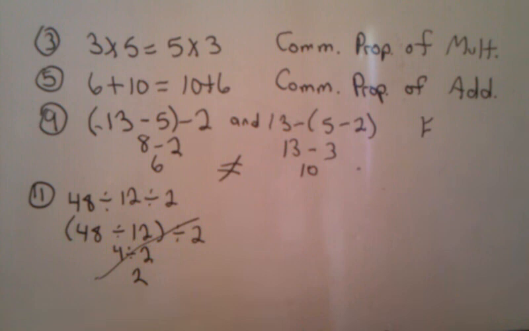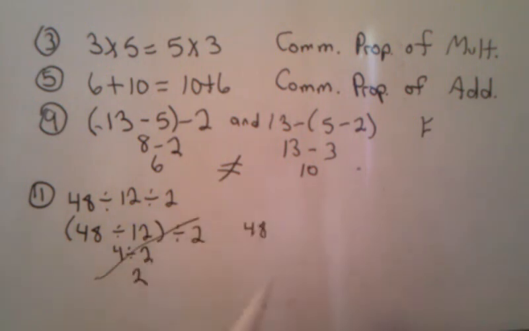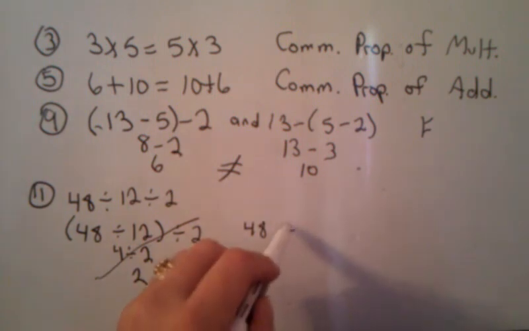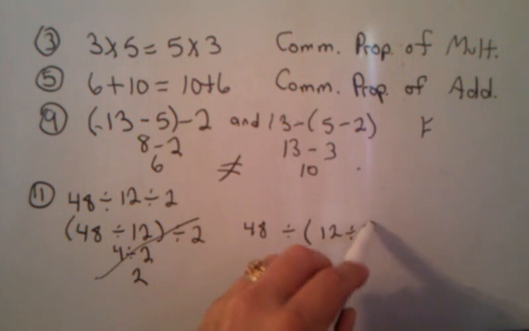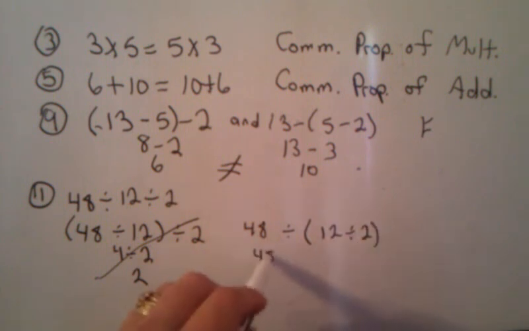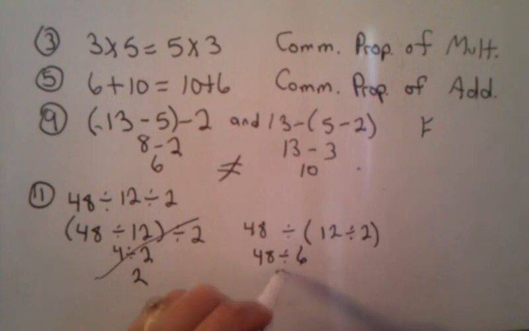So my parentheses can't go around the first two numbers, so they're going to have to go around the last two numbers. 48 divided by 12 divided by 2. 12 divided by 2 is 6. 48 divided by 6 is 8.